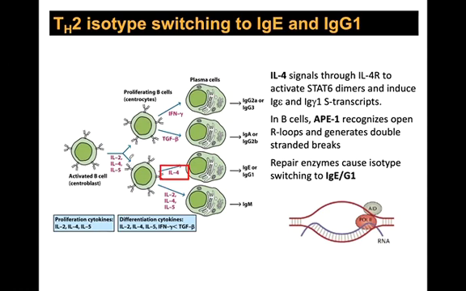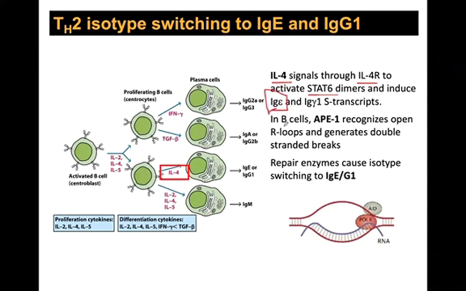Now, if you get a Th2 biased response, you're going to get Th2 biased follicular helper cells. Those will go into the germinal center and produce IL-4. Okay, and that will bind to the IL-4 receptor on B cells to signal through STAT6 and induce the main one, which is Ig epsilon S transcripts.